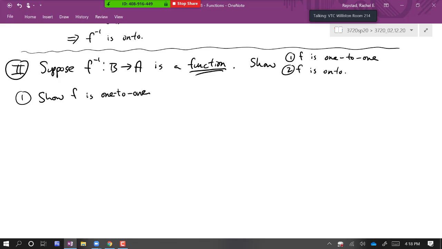So F will map from A into B. How do we begin? Usually we start with one line. That's how we get going on these one-to-one proofs. We're going to suppose something. Since you can only map F to A, then you just choose two elements in A. You do A1 and A2.